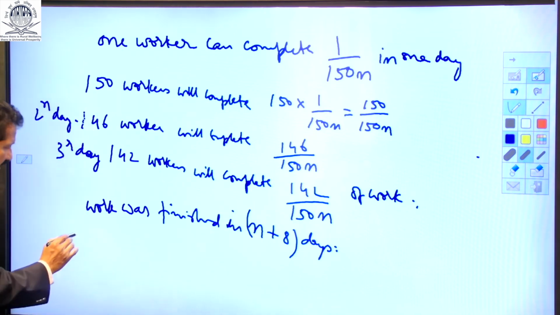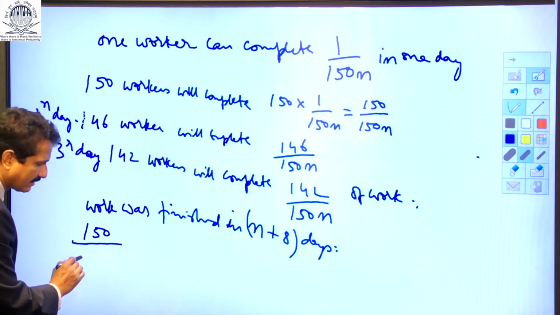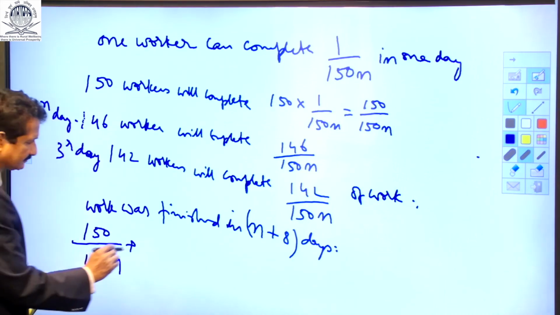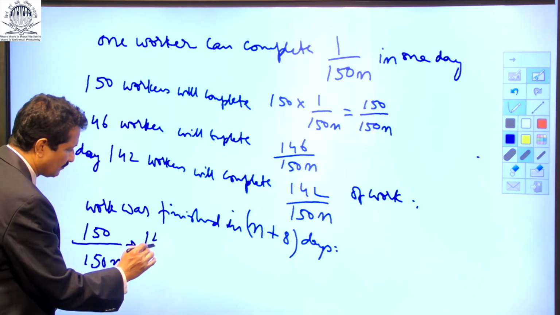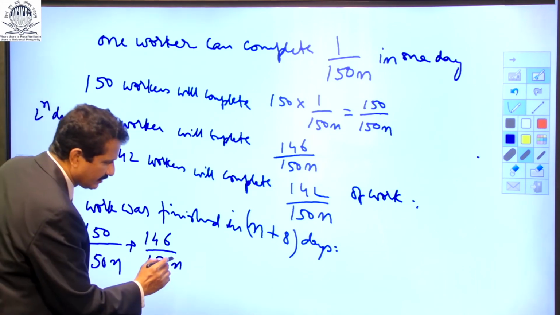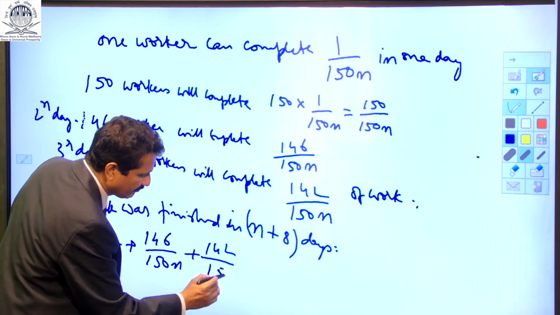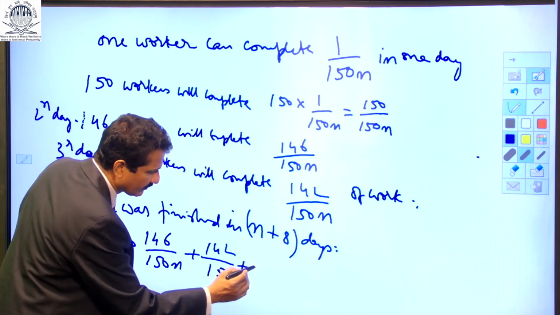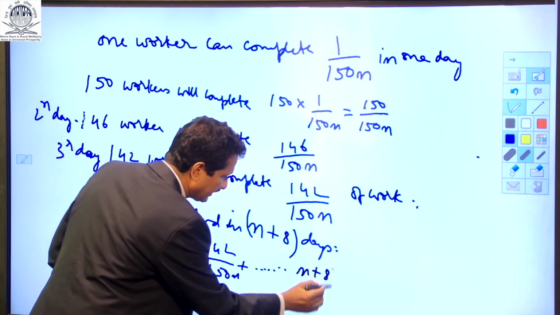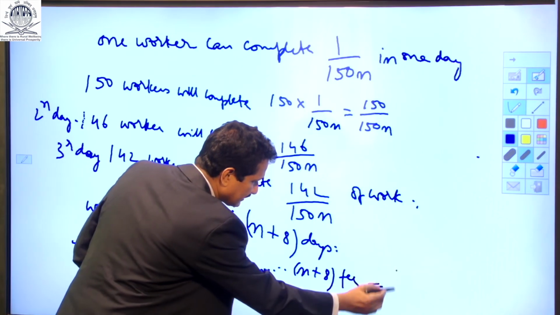So now let us construct the series. The series is 150 by 150n plus 146 by 150n plus 142 by 150n, and so on till n plus 8 days or terms, and then the whole work is finished.